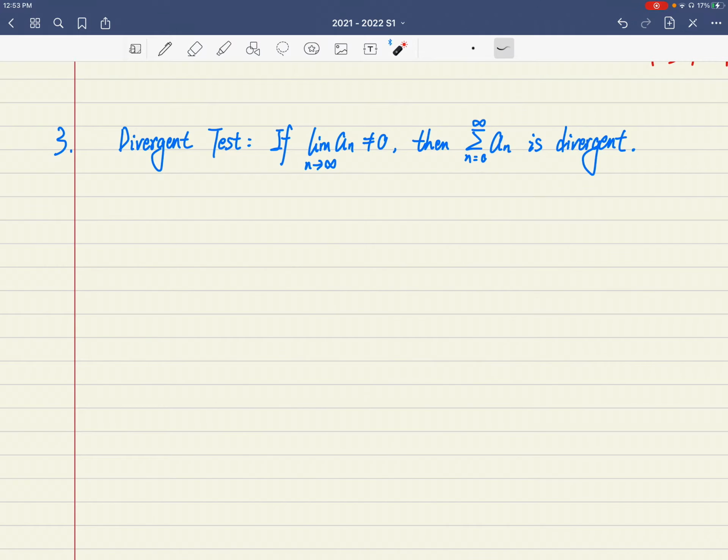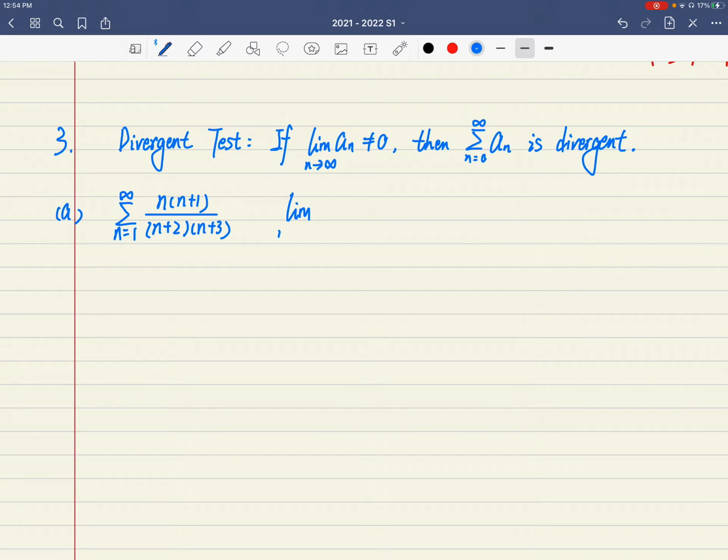Okay, for example, in part A, we want to know whether this infinite sum is convergent or divergent. So what we can do, right? First, we can find the limit of its sequence.